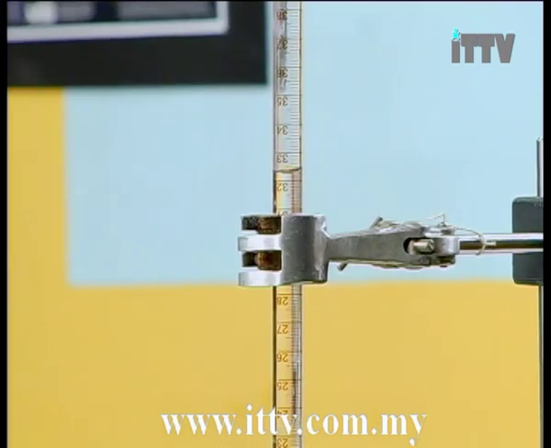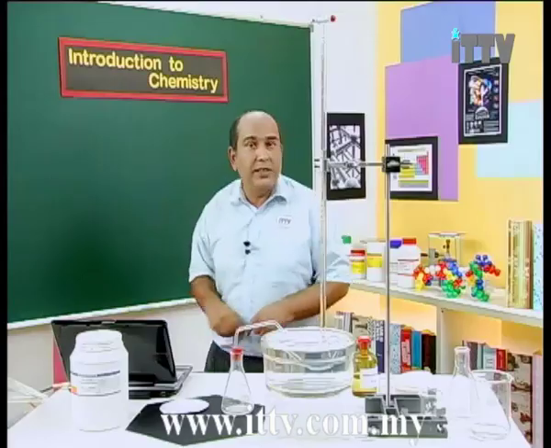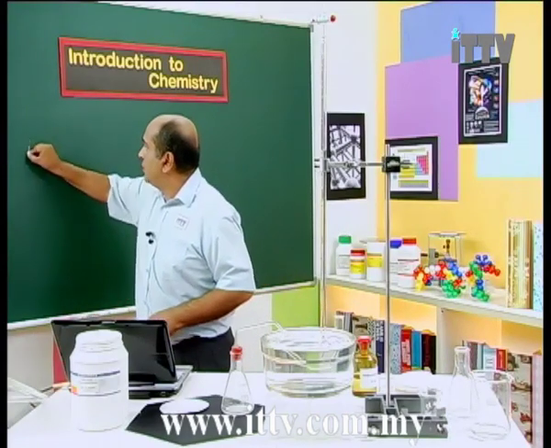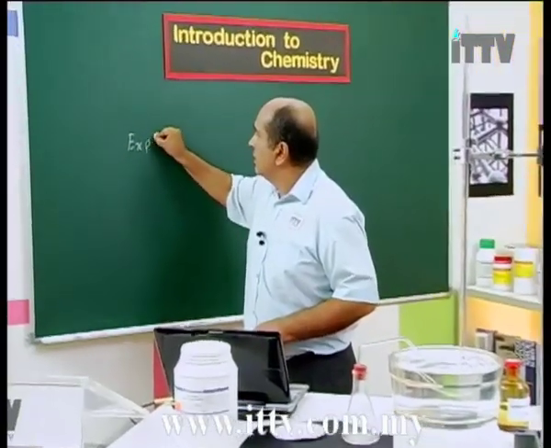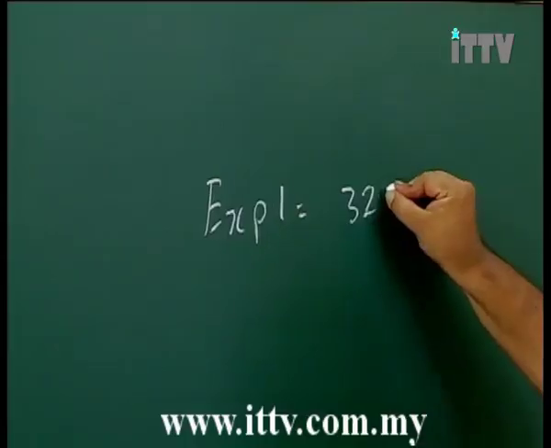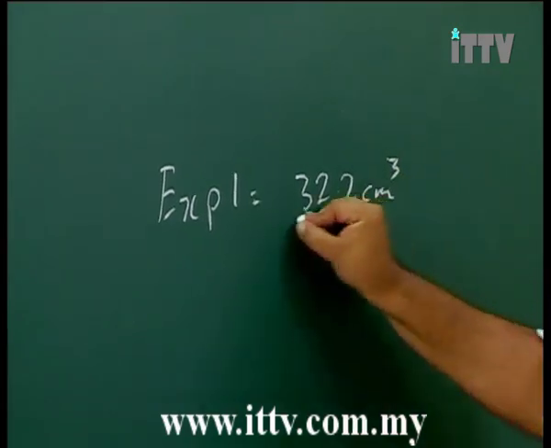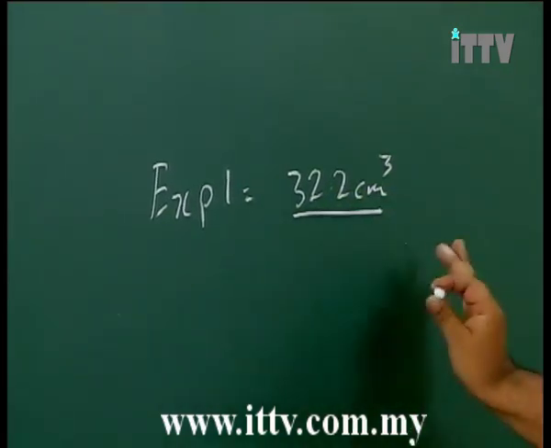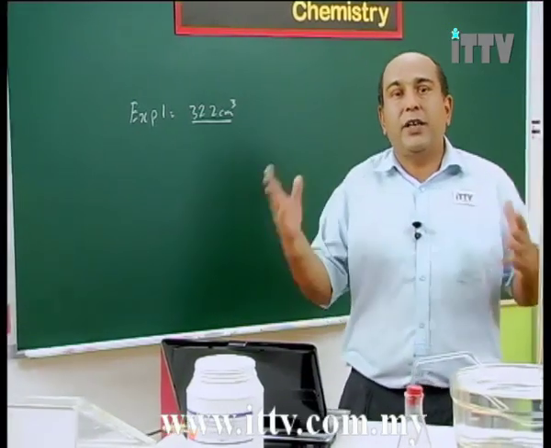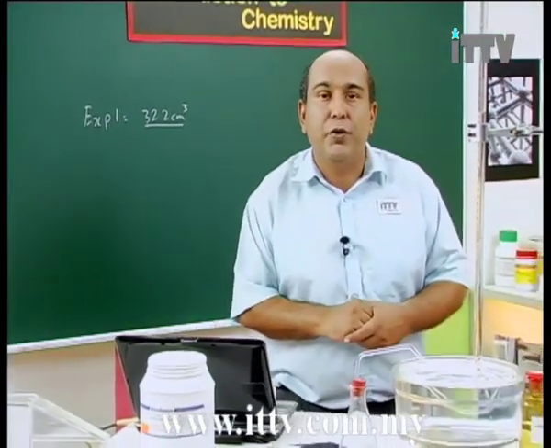We'll remove this, take the reading over here, which is roughly 32.2. So this reading needs to be noted down. So experiment 1: 32.2 centimeter cube is where the gas went to. We can calculate the volume later by subtracting 50 minus 32.2.